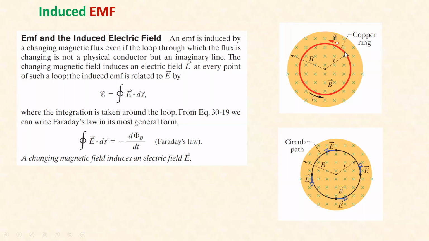So L times x is the area, but L is constant, so it comes out again. So it becomes BL times dx dt, right? And what is dx dt? It is the rate of change of this x from here to here, which becomes the speed, or velocity of the rod. So the EMF becomes BLV.